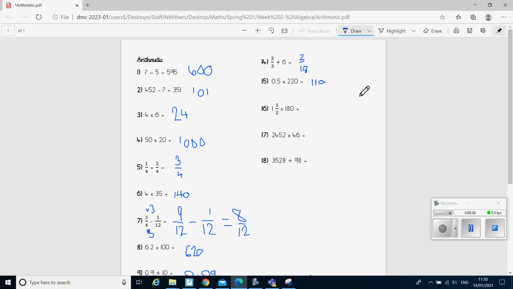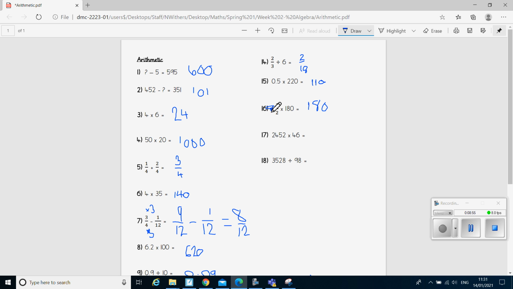Okay, question 16. We have got 1.5 times 180. Well, to do this one, we would ask ourselves, what is 1 lot of 180? So now I'm going to scribble out that half. If the question said 1 times 180, you would tell me that that answer is 180. Okay, then, done 1 times 180, next I'm going to deal with the other part of the question.